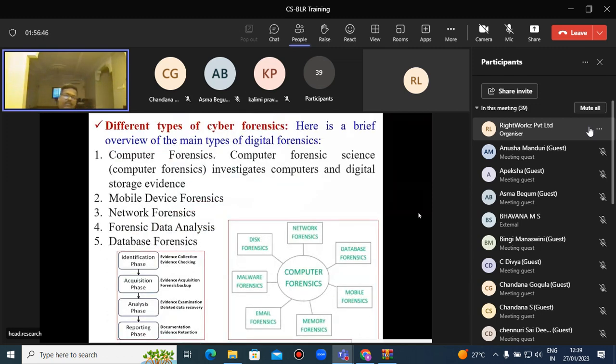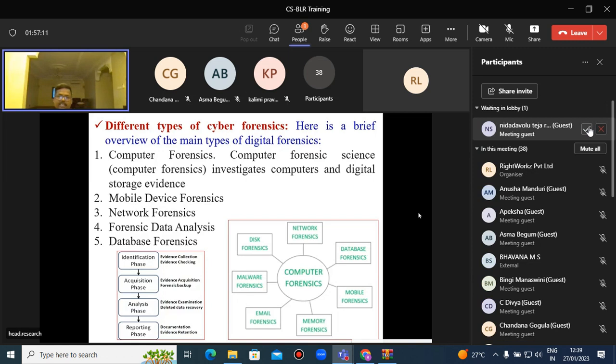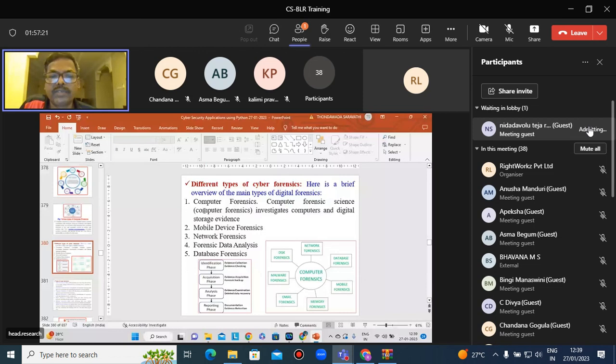Different types of cyber forensics. Here is a brief overview of the main types of digital forensics. Computer forensic science investigates computers and digital storage evidence, sometimes data theft.